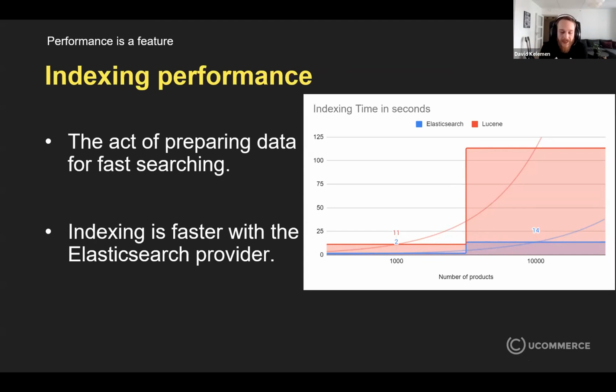What we can see in general, and take these performance charts with a grain of salt, because again, it depends, and it might even change version to version as we improve in the future, is that indexing with the Elasticsearch provider is considerably faster than indexing with the Lucene provider. In the time that it takes the new provider to index 10,000 products, that's how much time it takes Lucene to index 1,000 products.